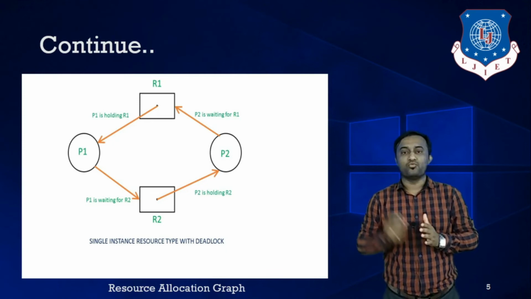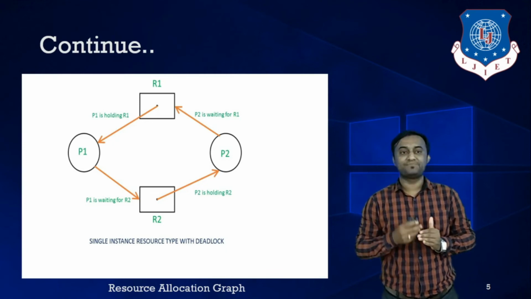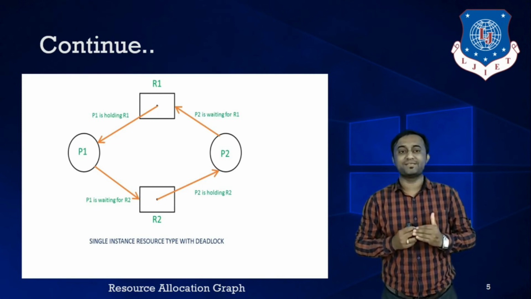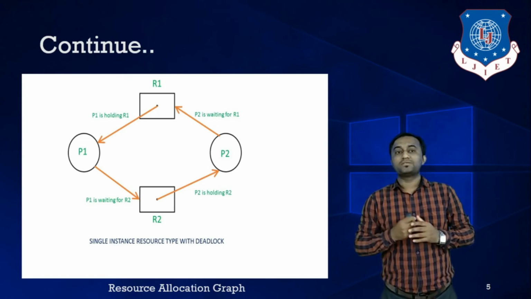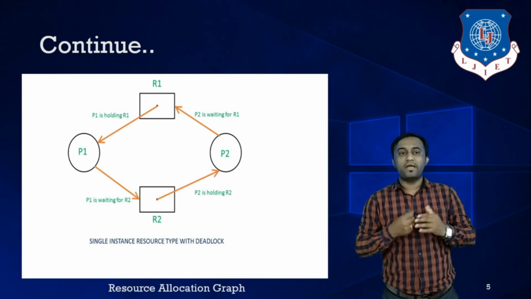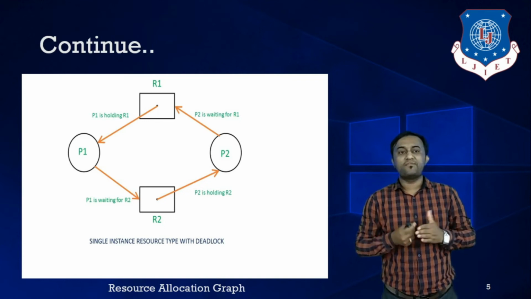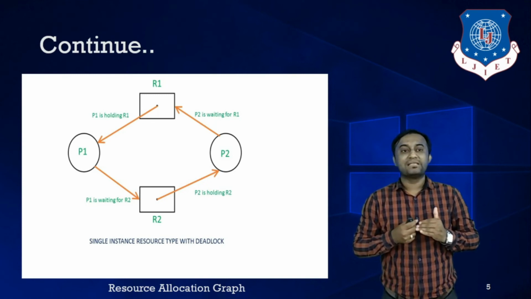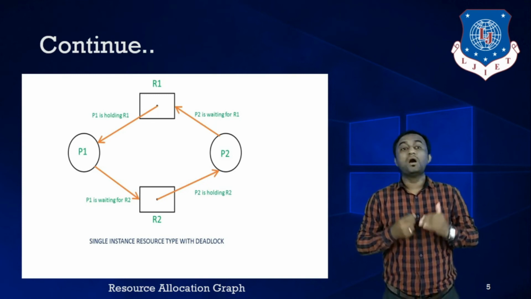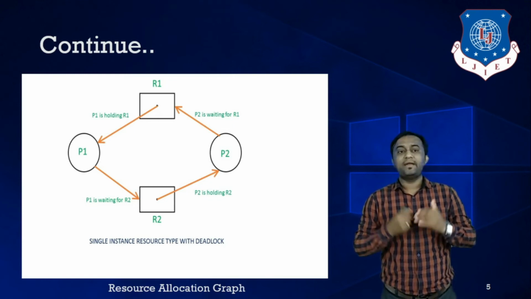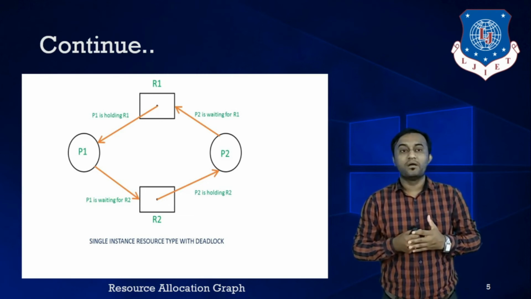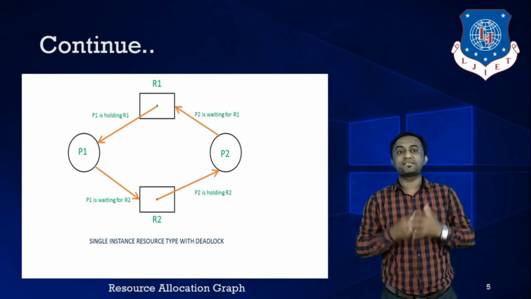So P1 and P2 are processes, and R1 and R2 are resources. What does this arrow suggest? The arrow starting from a process towards a resource is a requesting edge, and the arrow starting from a resource towards a process is a holding edge.